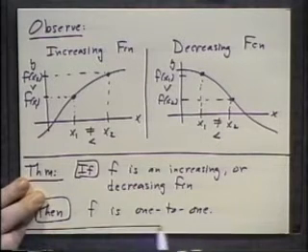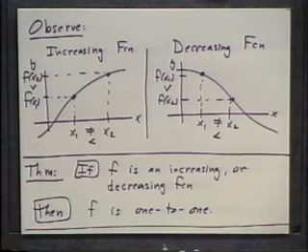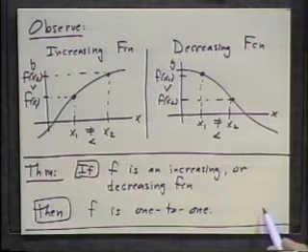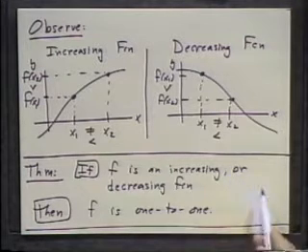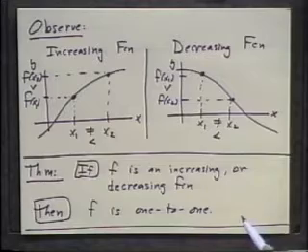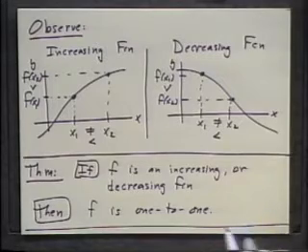So for us in practice, it's much easier to test to see if you have an increasing or decreasing function than to generally test if you have a one-to-one function. So we'll see how this all applies in our case of exponential functions, which is what we're about to get into next.